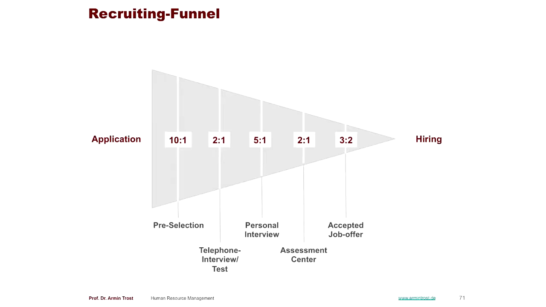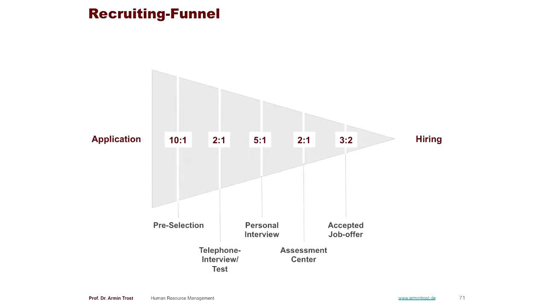It tells that you get 10 applications so that one applicant really passes through the first step. You have to do 2 telephone interviews to, at the end, have one single candidate which you invite to a personal interview. You invite 5 people to interview, so that you invite one of these to the assessment center.